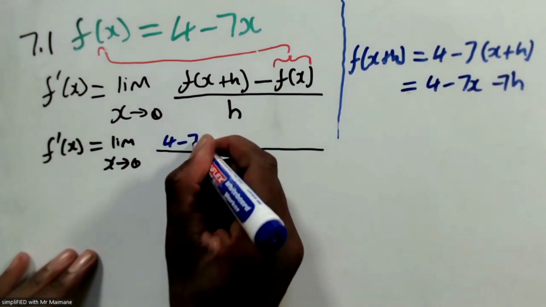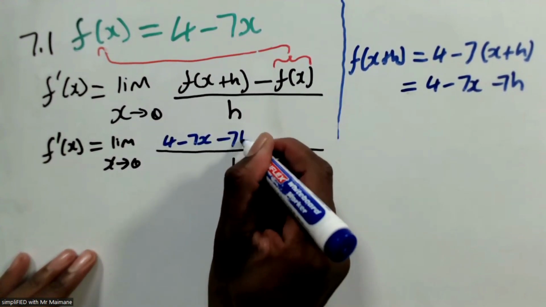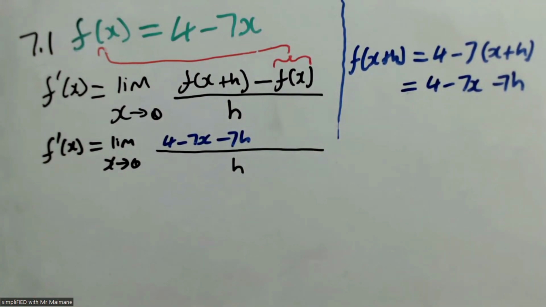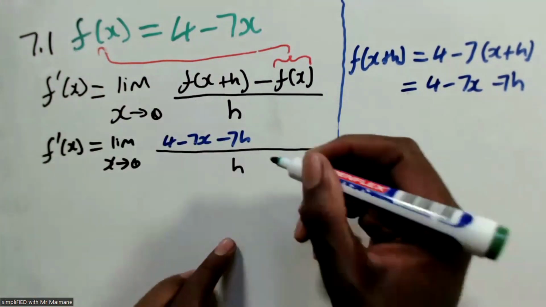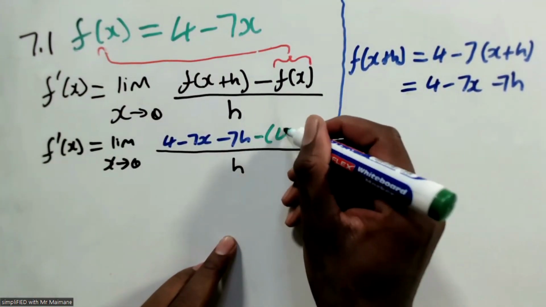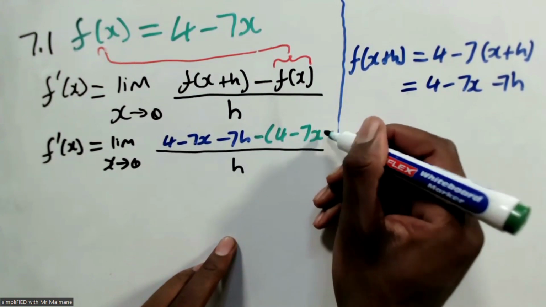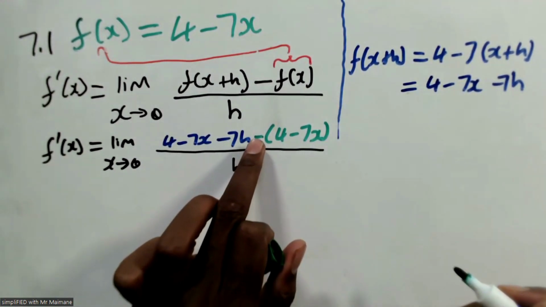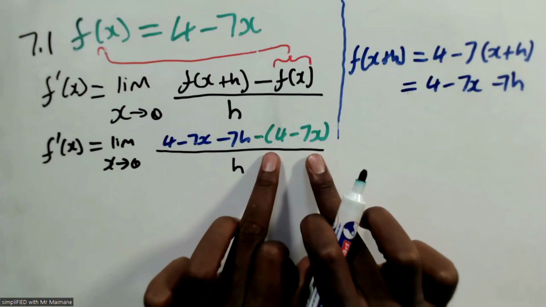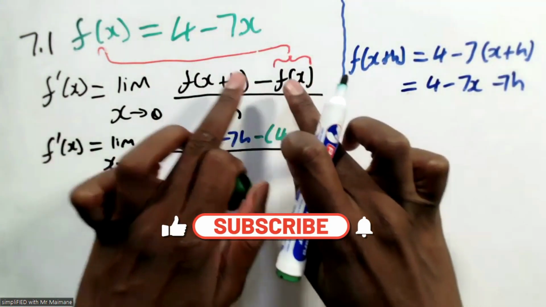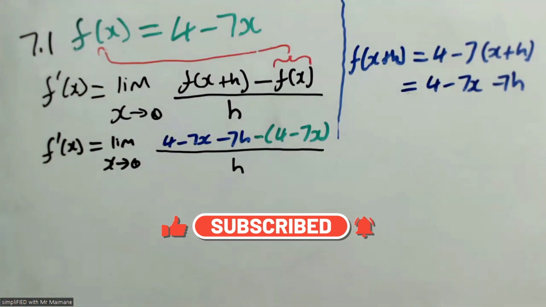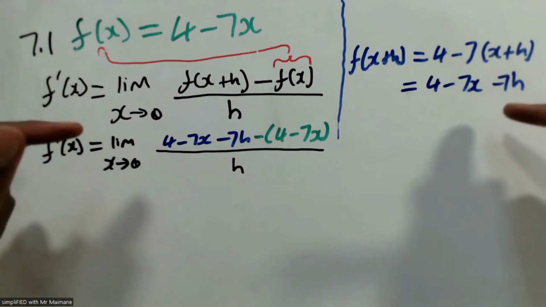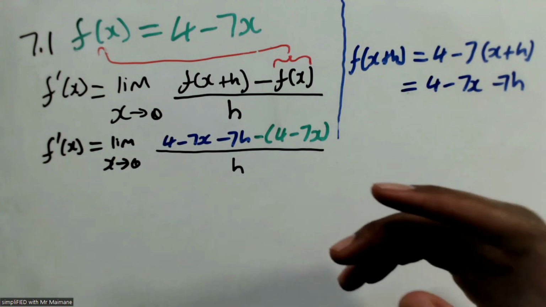But then I have my f of x, which is 4 minus 7x, so it's going to be minus, 4 minus 7x. I'm putting the minus outside because I want to show you that I'm substituting f of x with that, but the sign might affect what is inside. And the whole point of using color is just to understand the whole distribution.